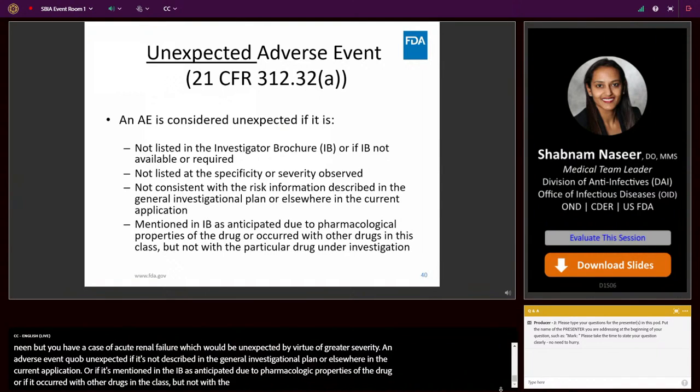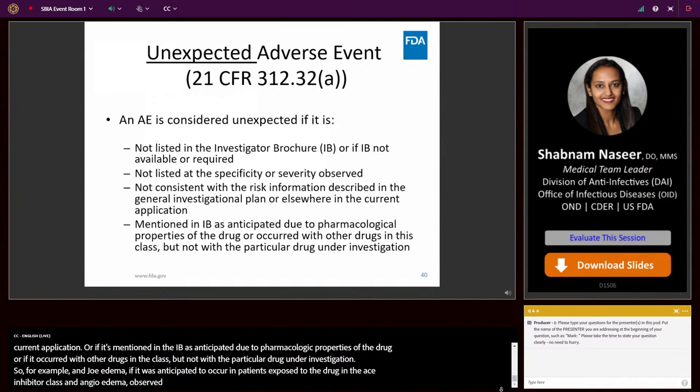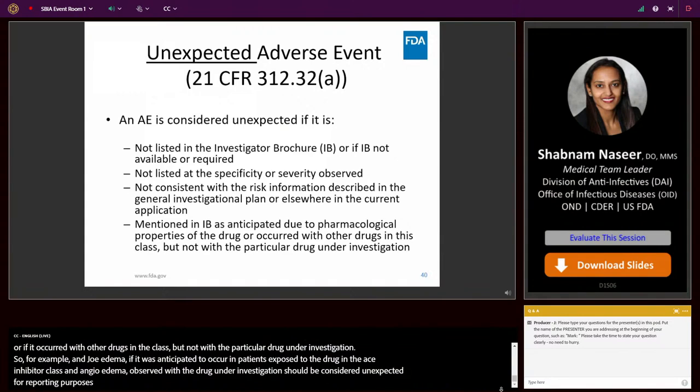So, for example, angioedema was anticipated to occur in some patients exposed to a drug in the ACE inhibitor class, and angioedema would be described in the IB as a class effect, but a case of angioedema observed with the drug under investigation should be considered unexpected for reporting purposes until it is included in the IB as occurring with the drug under investigation.